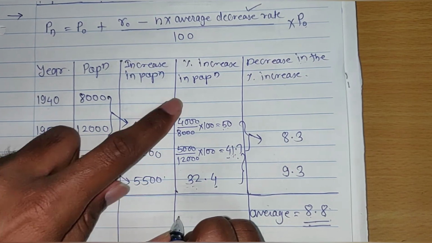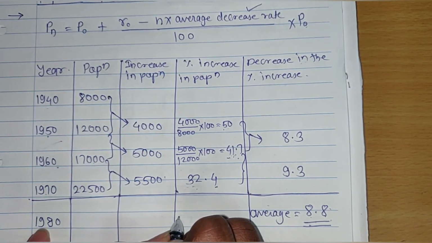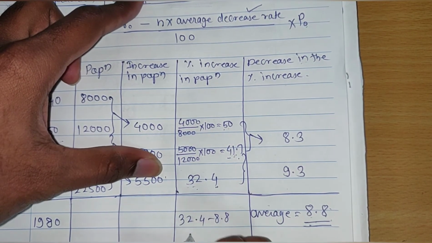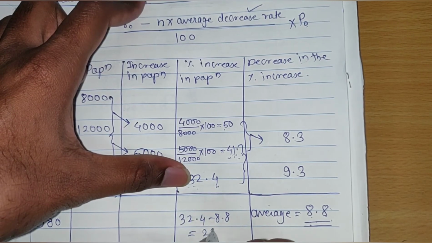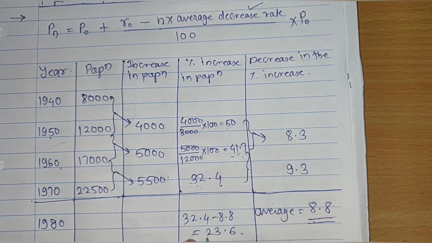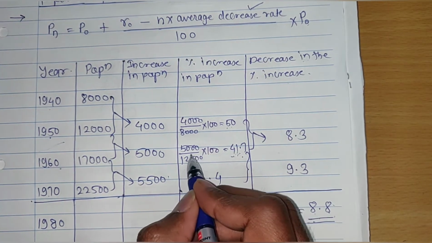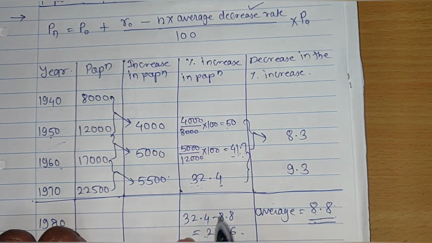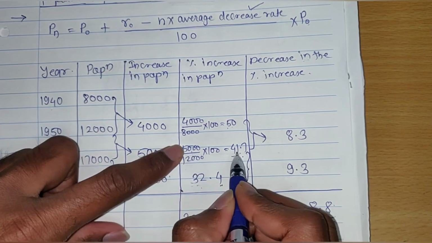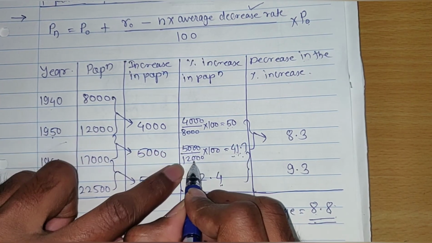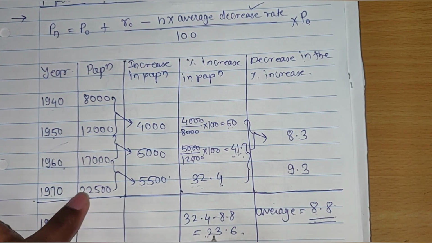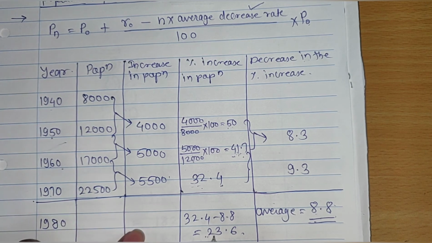So the percentage increase in population for 1980 is 32.4 minus 8.8. This will come as 23.6. Okay, this is the percentage increase in population. Multiply this percentage increase with the previous population, and you will get the increase in population.